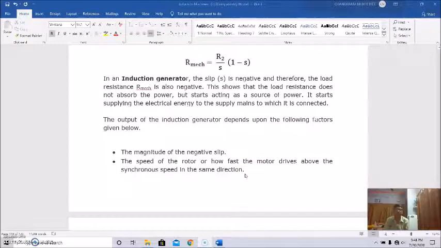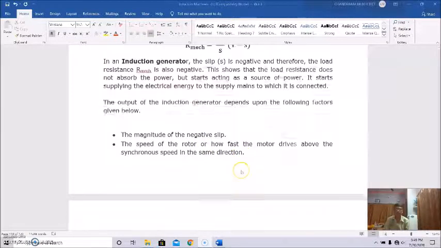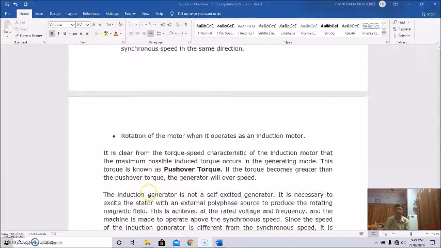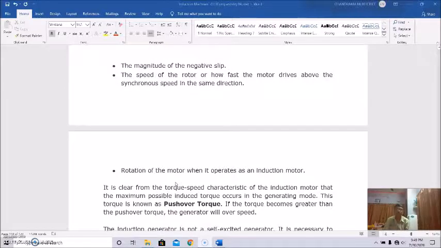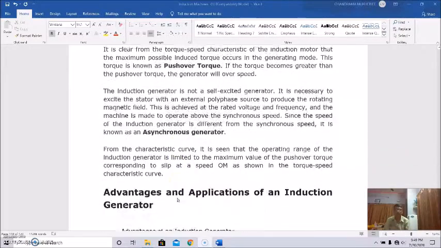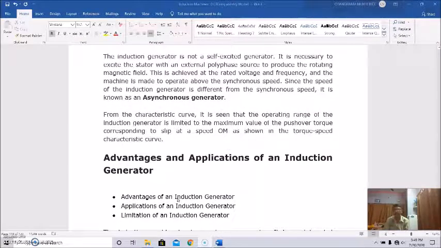So what are the factors for an induction machine to operate as a generator? It depends on the magnitude of the negative slip, and the speed of the rotor must be super synchronous. Then the pushover torque, why it is called an asynchronous generator, its advantages, applications and limitations.